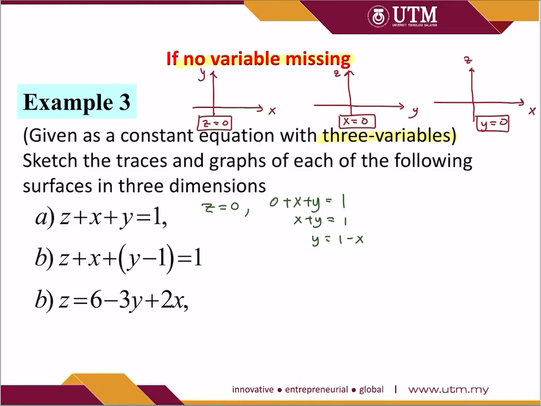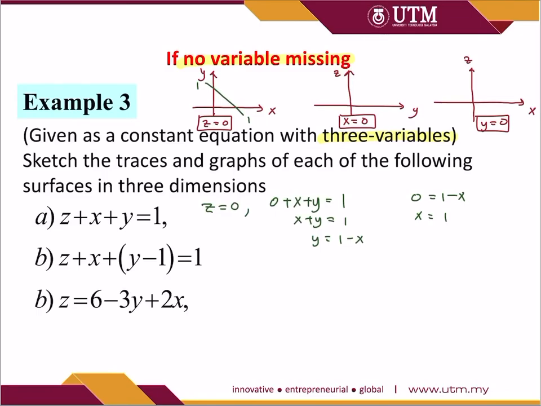For this case, we have a negative slope with an intercept of 1 here. And we want to check for x: y is 0, 0 equals 1 minus x, so x equal to 1. So here also 1. That one is the trace for the xy plane.